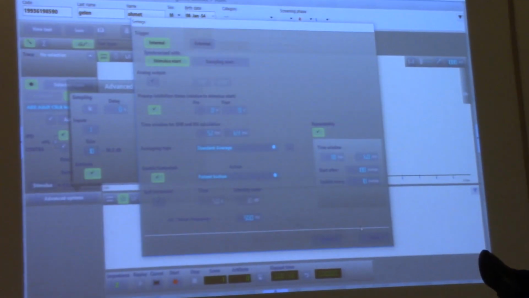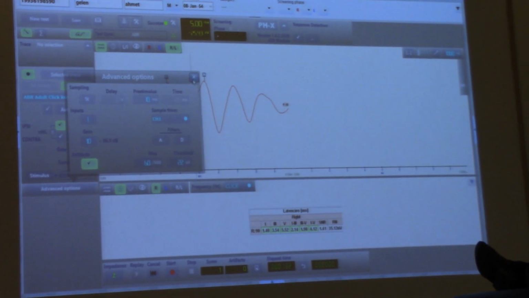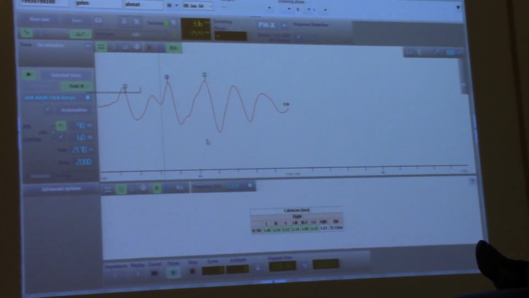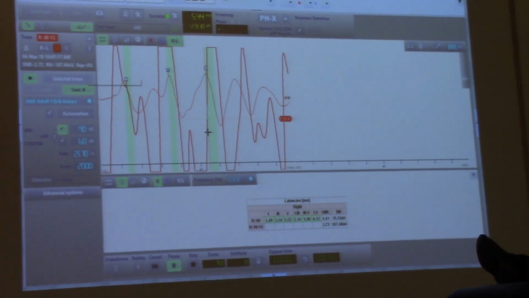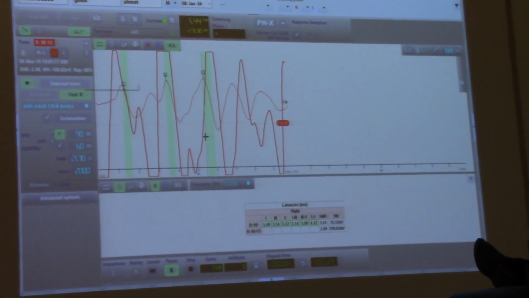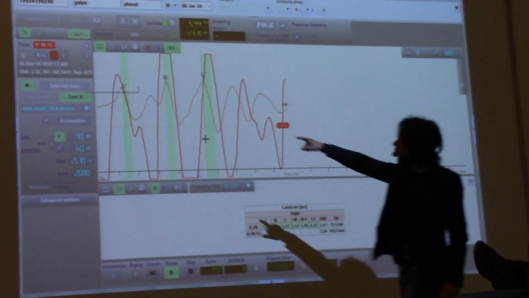Repeatability. Repeatability is just a parameter that lets you start the test. This parameter will calculate here on the top.